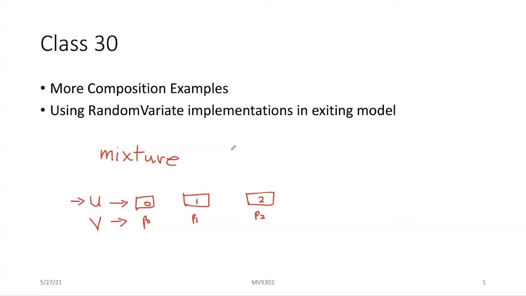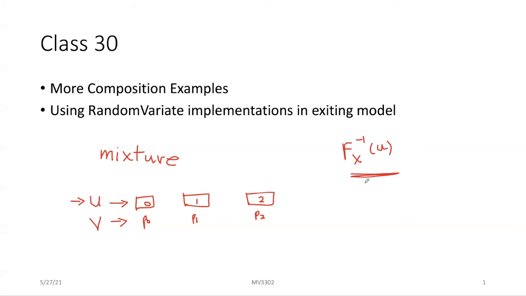Well, if the CDF cannot be inverted. Remember, the whole basis of inverse transform was that we had this inverse CDF, and in all the examples that we've seen so far, we've been able to invert that. But there are random variables where you can't invert that. In other words, the functional form of the cumulative distribution function is such that there's no mathematical expression for the inverse.